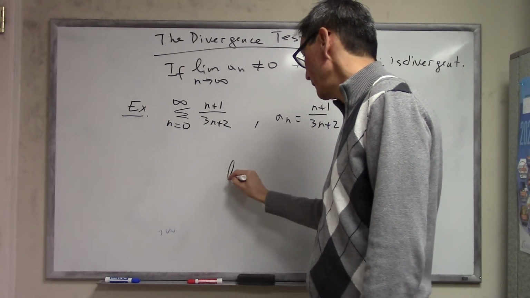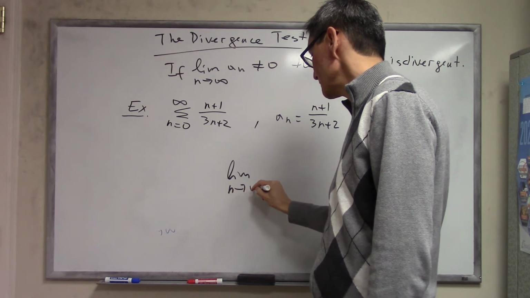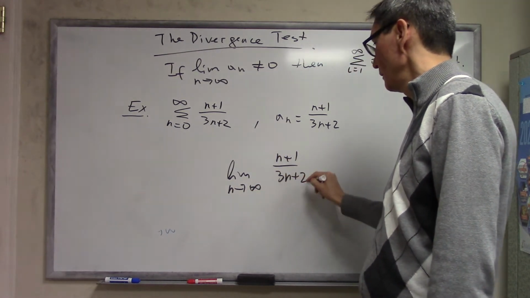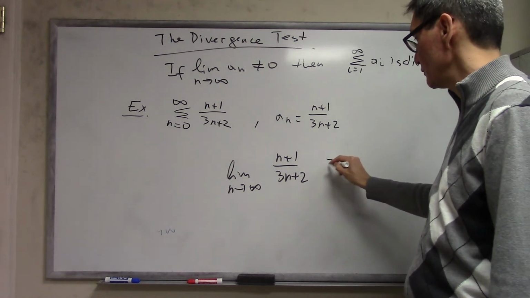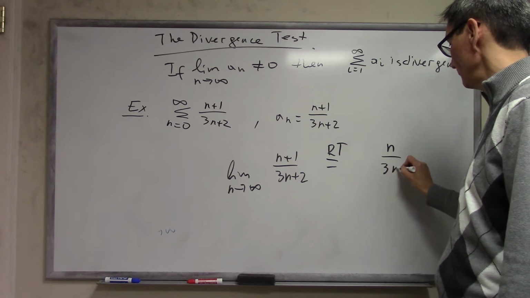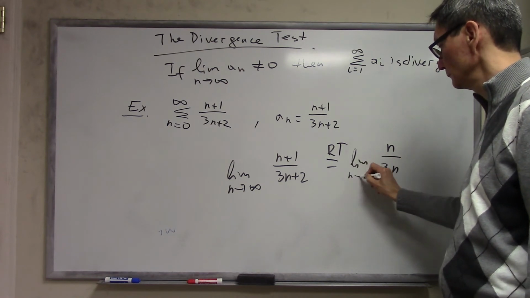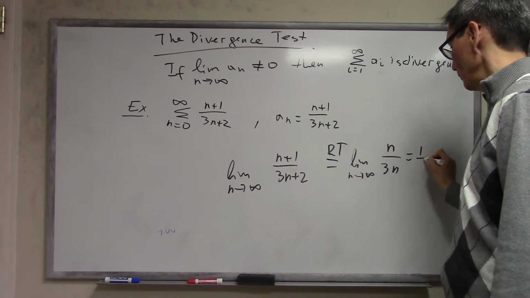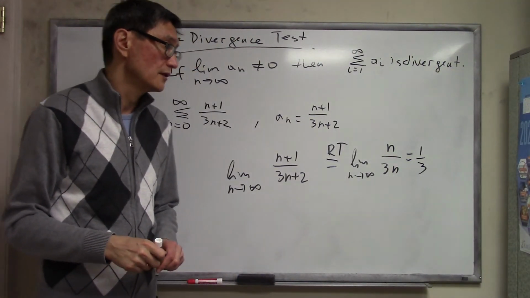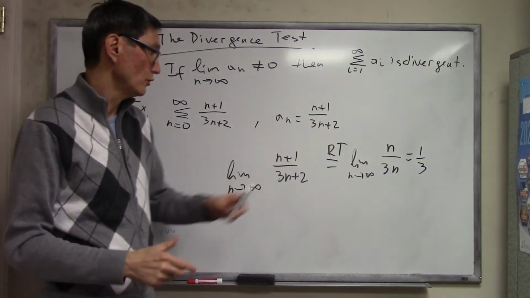And we can easily take limit of that expression. I will use the rule of thumb to evaluate this limit. And I'm going to get n over 3n. And I'm going to get 1/3. Now I can use the divergence test, because 1/3 is not equal to 0.